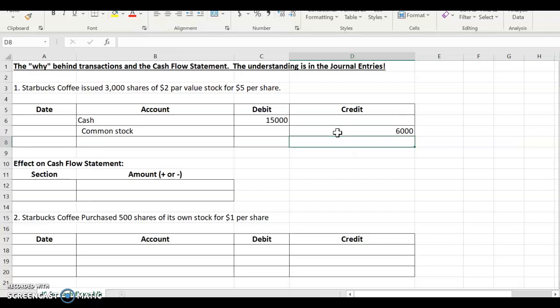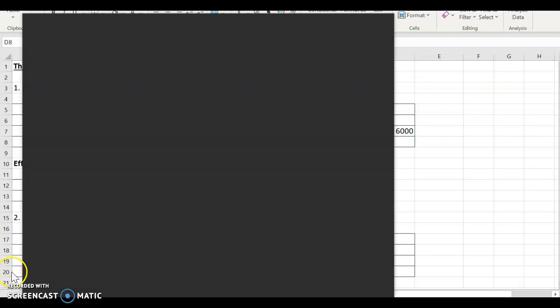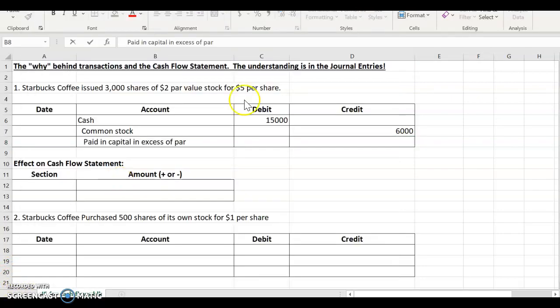The rest has to go into paid-in capital in excess of par. So this is the difference between the $5 and the $2. So it would be 3,000 times $3. We could have just said what number do we need here to make it balance for this entry, and we still would have gotten the same thing.